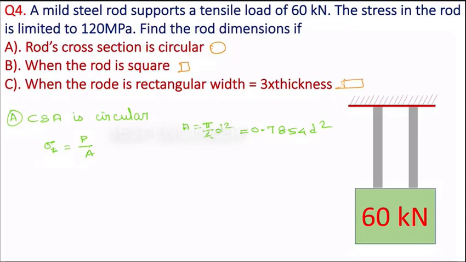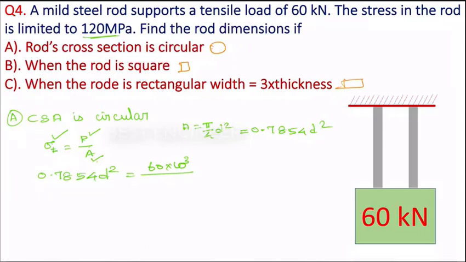Now we know the value of area, stress and load, so we can find the diameter. 0.7854 d square equals load P, 60 into 10 power 3, whole divided by stress, 120 megapascal.